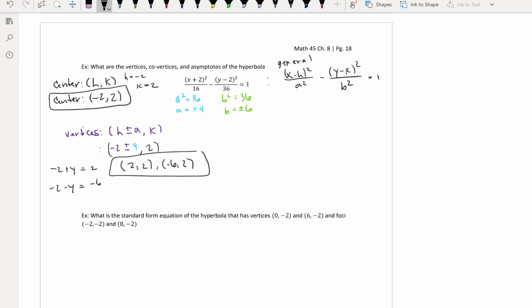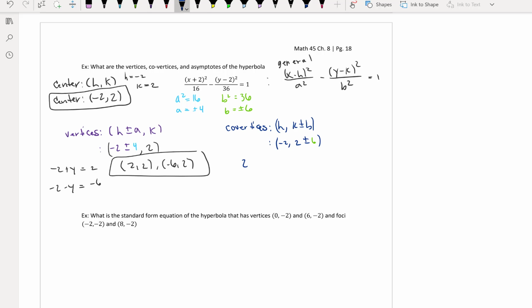So then the next thing I'm going to want to do is my co-vertices. So for the co-vertices, I have my equation, which is going to be h comma k plus or minus b. So my h value was fixed at -2, my k value is fixed at +2, and now that b value that I'm plugging in is 6.